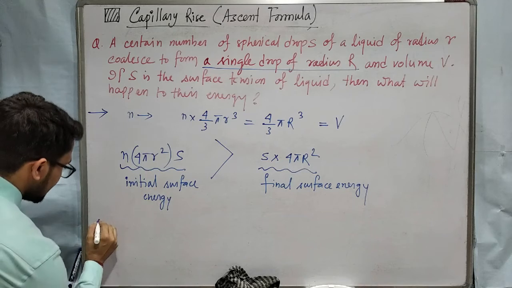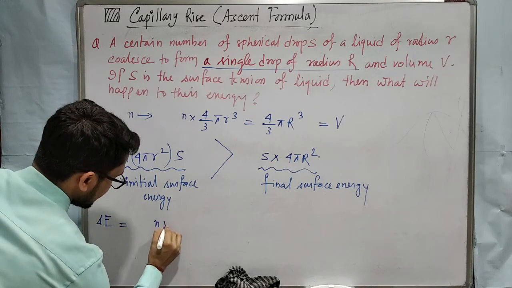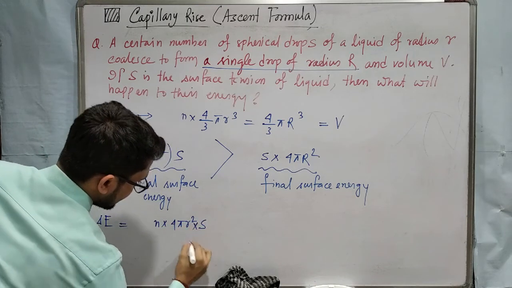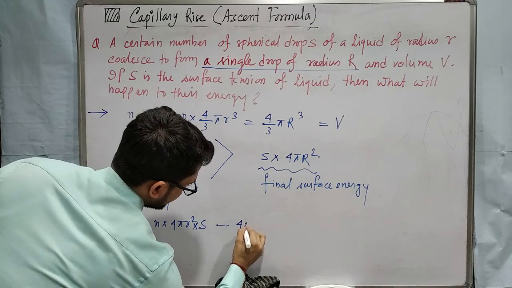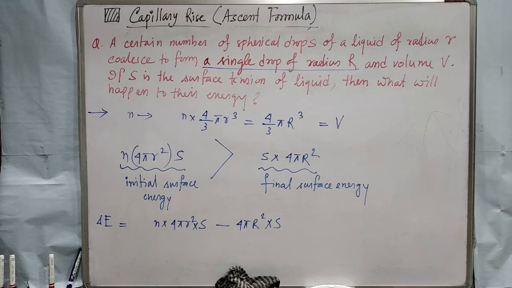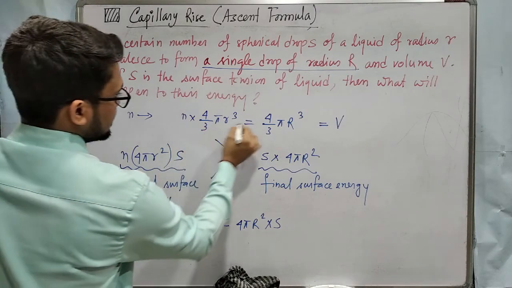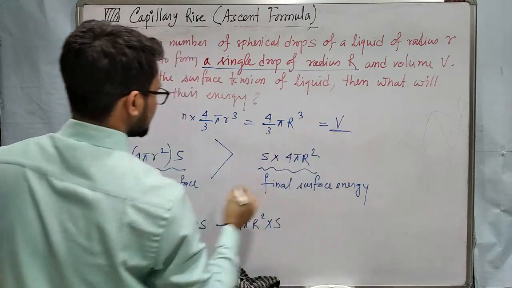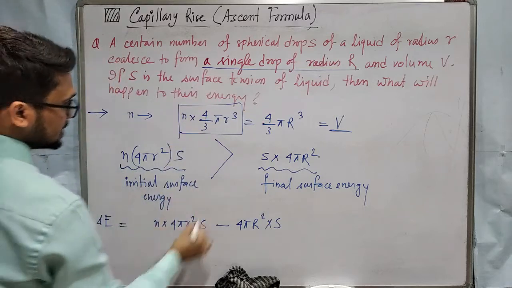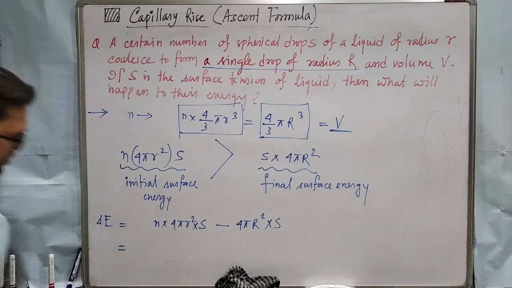So how much energy will be released? Delta E equals n into 4 pi r square S minus 4 pi capital R square into S. Here we have to convert in terms of V, so we have to bring this term back for the first term and for the second term. How can we do it?